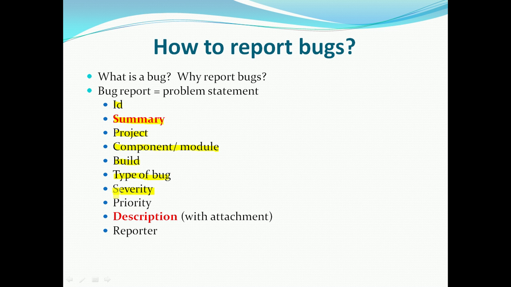So the severity can range from showstopper, major, minor, then cosmetic. These can be the different severity values. Depending on how severe the problem is, and how much it affects the overall system, you can assign the severity value based on your judgment.